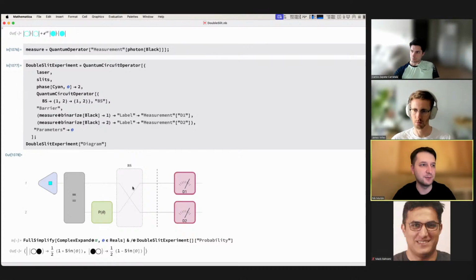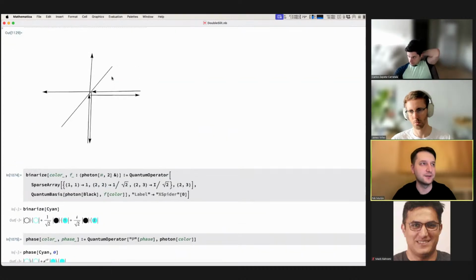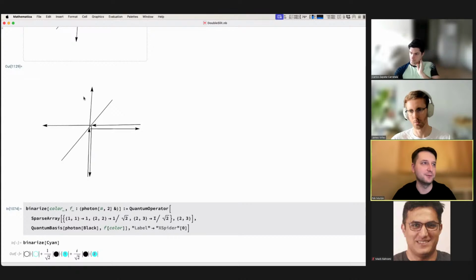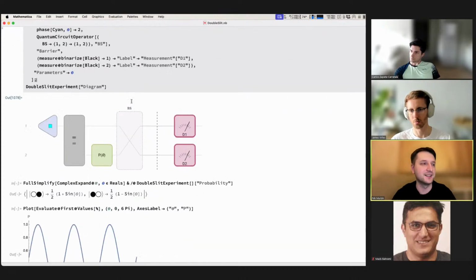Then the beam splitter, which I show like this, kind of makes sense diagrammatically, but you have some freedom in how to draw it. The beam splitter is the unitary operator that we created, and then you would put the detectors here and here, because if this is the input, this is the output. You have two detectors and you detect both of those paths directly.